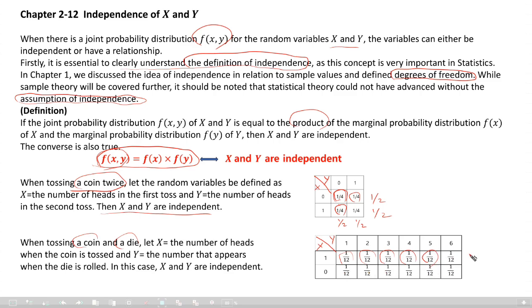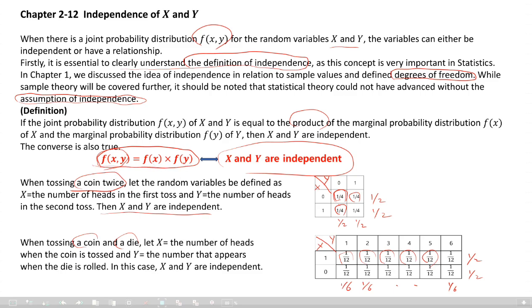The marginal probability of X is 1/2, and for Y it is 1/6 each, up to here. So as in the previous example, each cell is the product of the marginal probabilities of X and Y. This is a simple example, but it is an important concept. If X and Y are independent, then it is going to be f(x) times f(y).